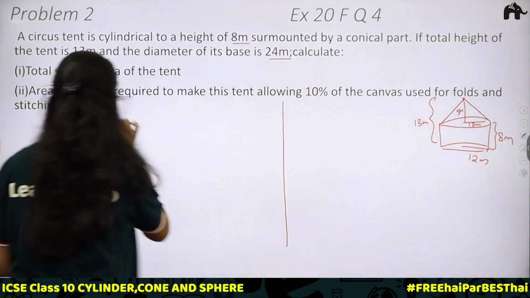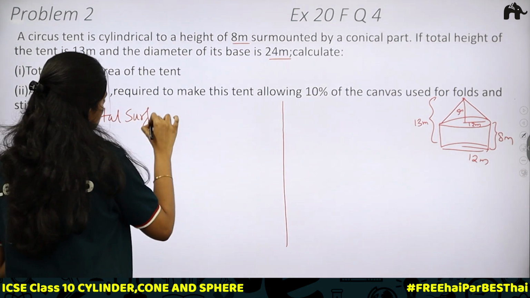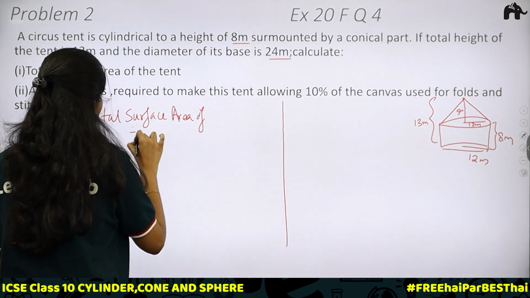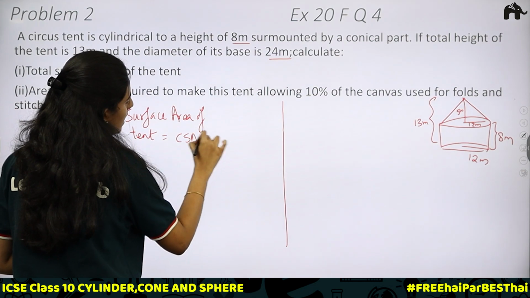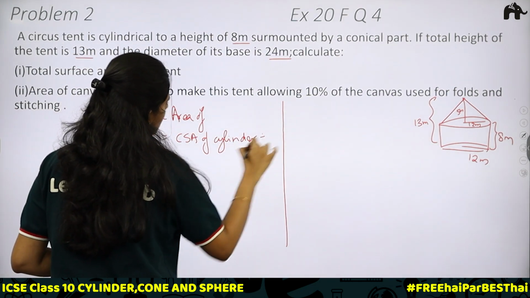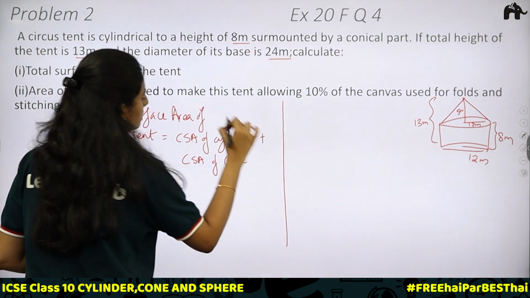Total surface area of tent will be equal to curved surface area of cylinder plus curved surface area of cone.